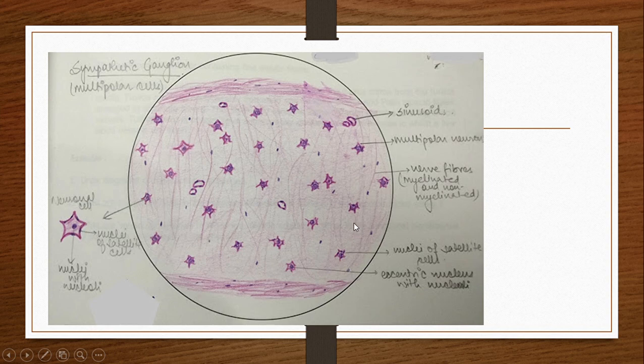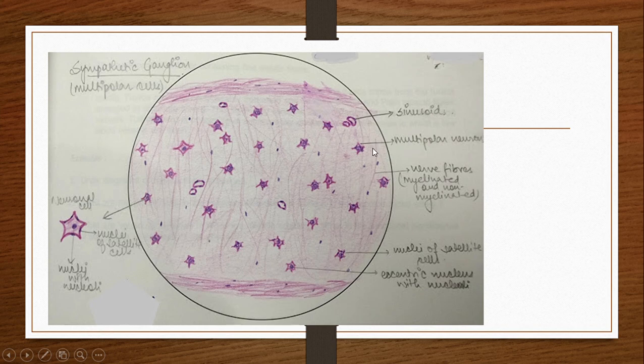The speciality is that in the sympathetic or parasympathetic autonomic ganglion, only a small number of satellite cells, supporting cells, can be seen, and the neurons are sparsely arranged. In between the neurons, discrete bundles of nerve fibers can be seen, and also blood vessels can be seen in the form of sinusoids.